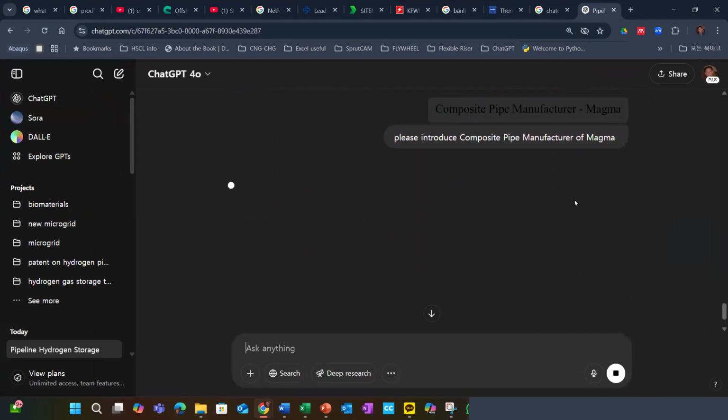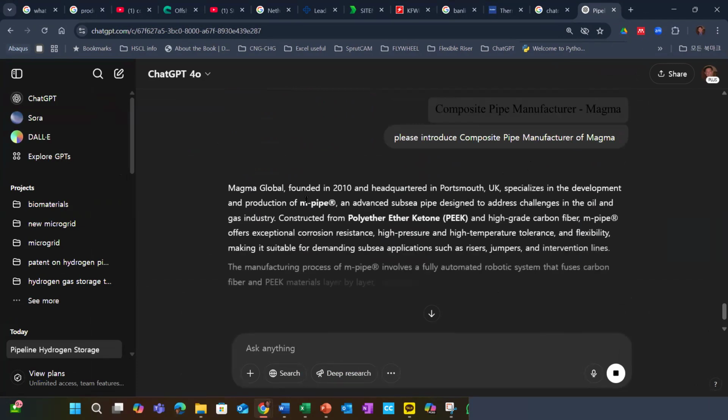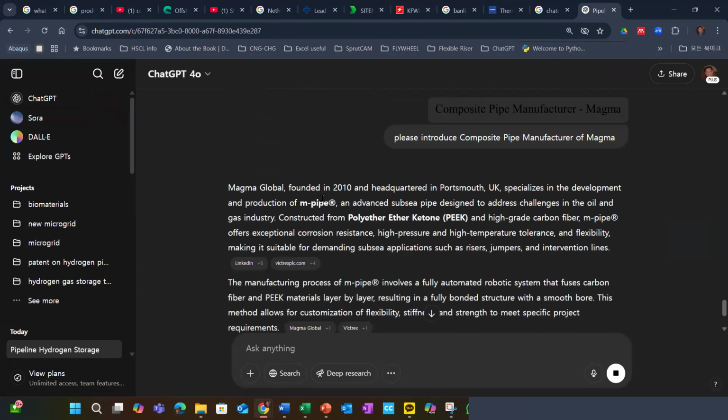Magma is the one company which produced the composite TCP using the carbons. Magma was founded in 2010. Their product name is M-pipe, made of PEEK. There can be a lot of different thermoplastics, but they produce the pipe using PEEK, polyether ether ketone. And this is one of the strongest, most durable thermoplastics.